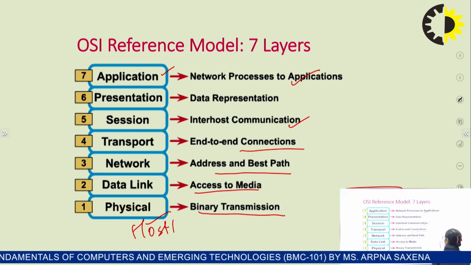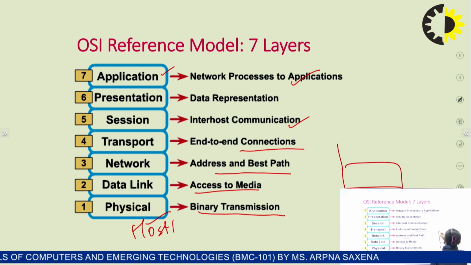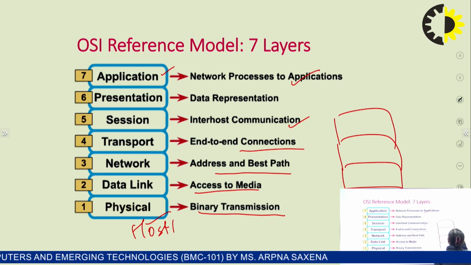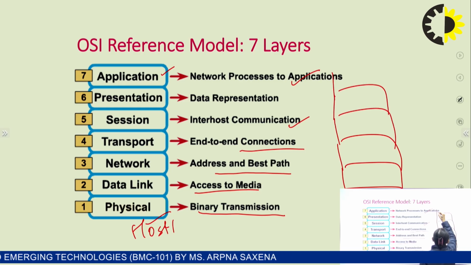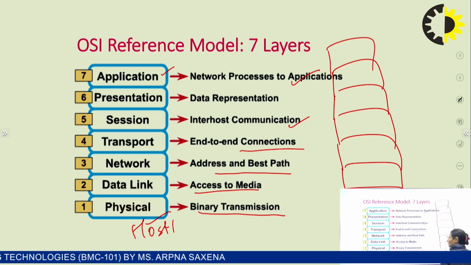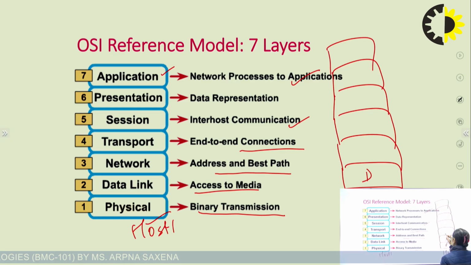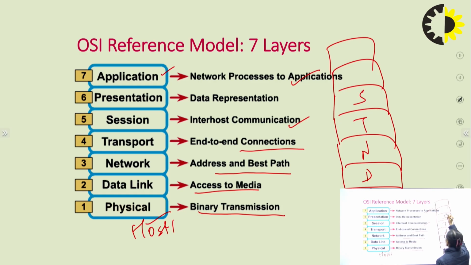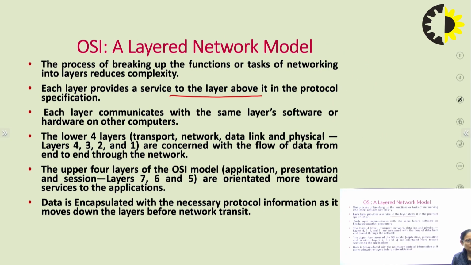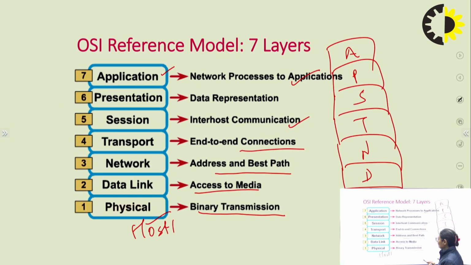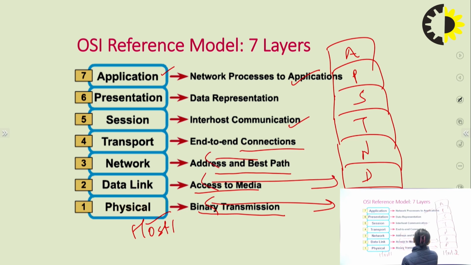There also we have the reference model, with the physical layer, data link layer, network layer, transport layer, session layer, presentation layer and the application layer. What this means is that each layer communicates with the same layer. It says that we have a logical connection between these layers when two systems are communicating.